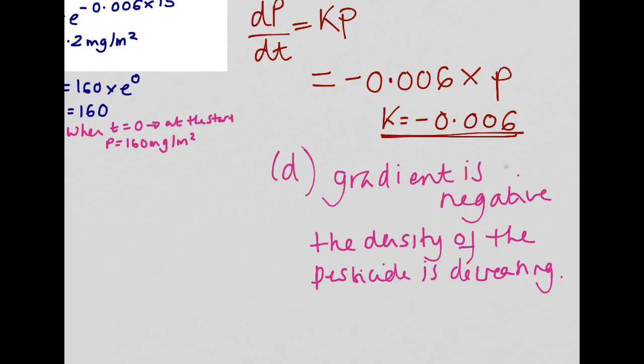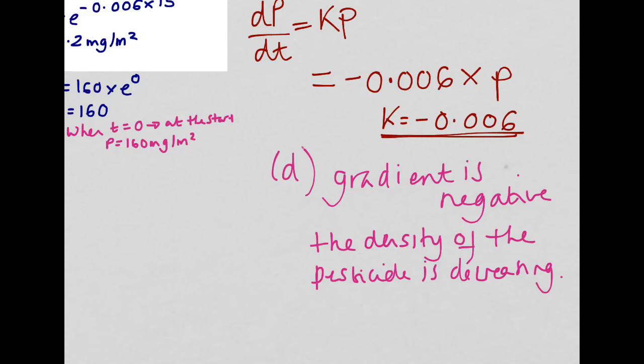Well, the significance for the farmer is that the quantity of pesticide is decreasing, so he's more susceptible to pests. And then I could go on and give you some advice about at what point you needed to spray some more pesticide. And this is actually real maths.